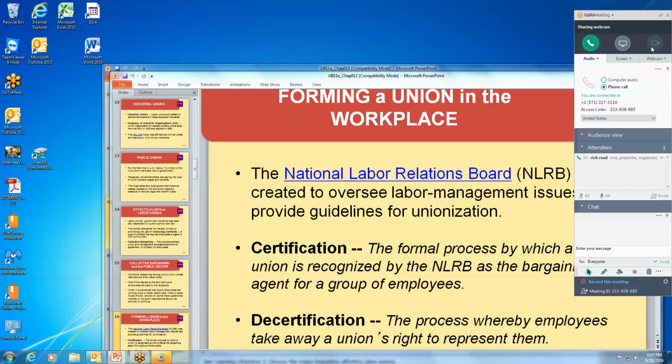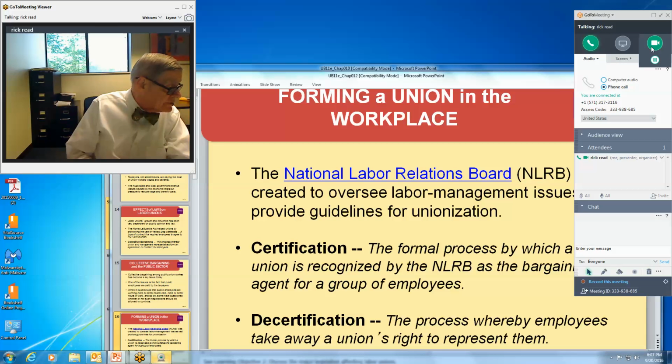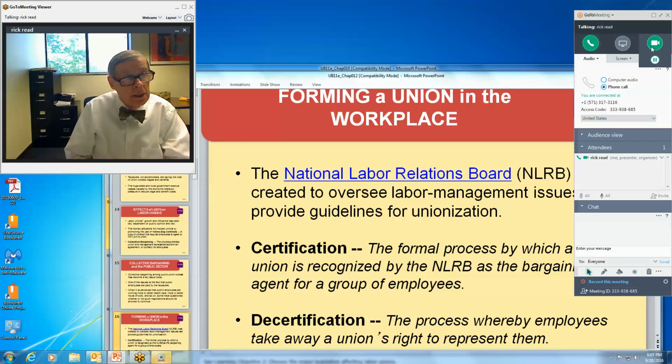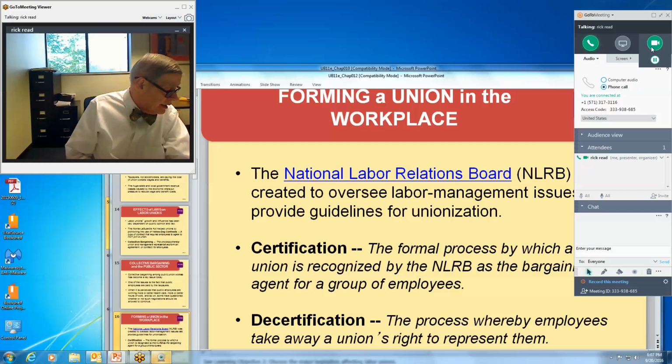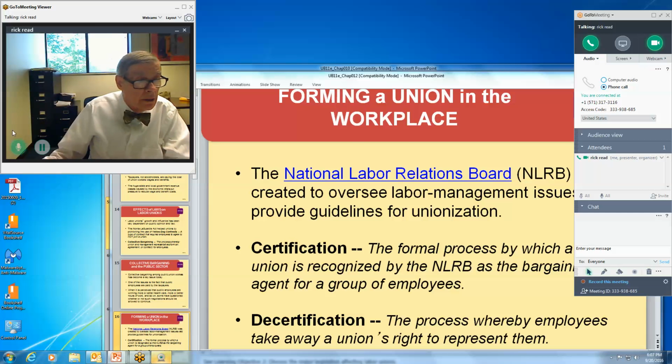The Norris-LaGuardia Act 1932, the National Labor Relations Act, or the Wagner Act, 1935, the Fair Labor Standards Act, and then of course we had the Taft-Hartley Law in 1947, and finally the Labor Management Reporting Act, the Griffin-Landrum Law, in 1959.